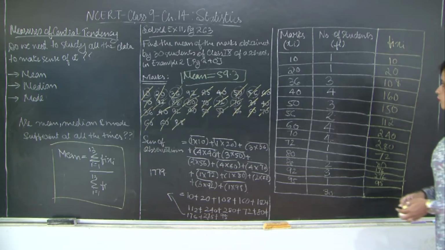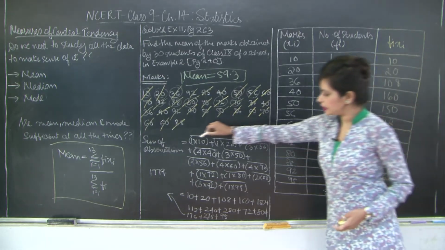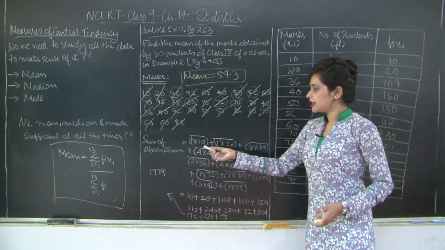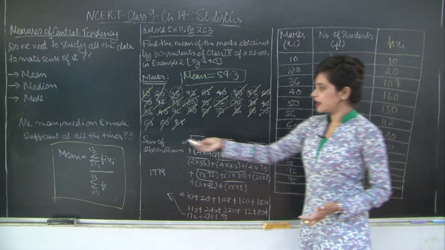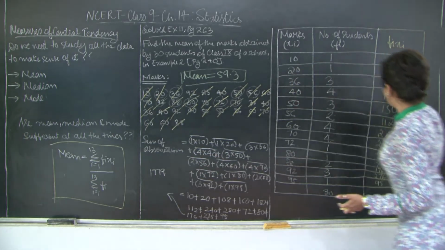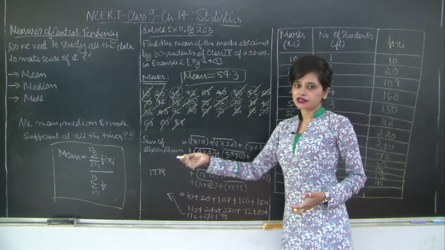So now once you have drawn this side of the table, added this column Fi xi, you can simply skip this entire step and just write sum of observations is equal to summation i equal to 1 up to 13 Fi xi, which is equal to the sum of all these numbers, and then you can simply substitute it in the formula.